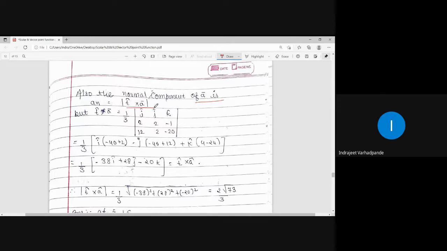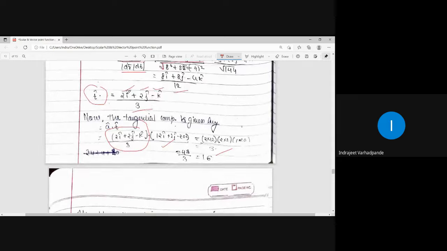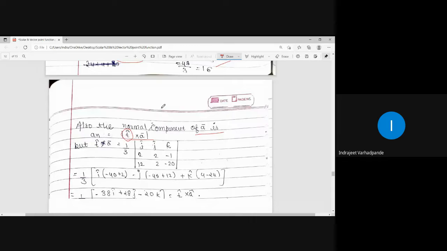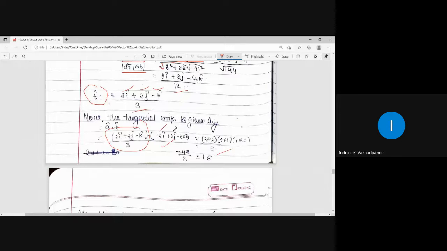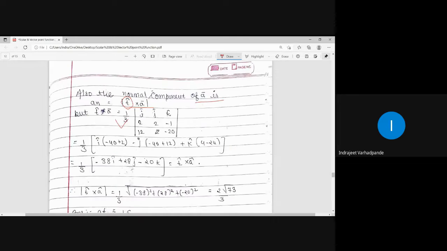Also the normal component of a bar is nothing but the magnitude of t cap cross a bar. The cross product is expressed in the determinant form with i, j, k. The components of the vector t cap are 2, 2, minus 1, and 1 by 3 will be outside. The components of acceleration are 12, 2, minus 20, so the second row will be 12, 2, minus 20.